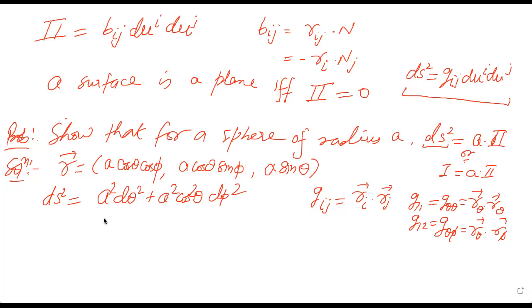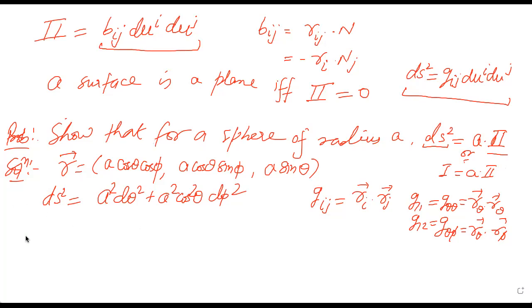This is your ds². Now I will find this second fundamental form also, and I will see what relation is coming. I know this is ds². So for that, I will find all the b's, because this is your second fundamental form. So I need b_ij. b_ij means you need r_ij dot n.